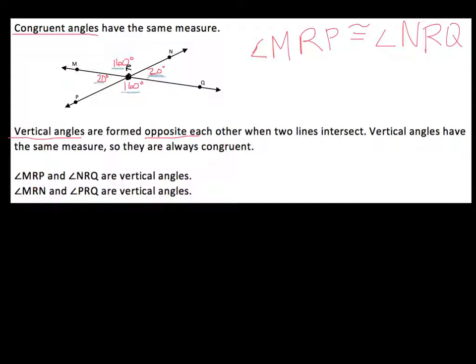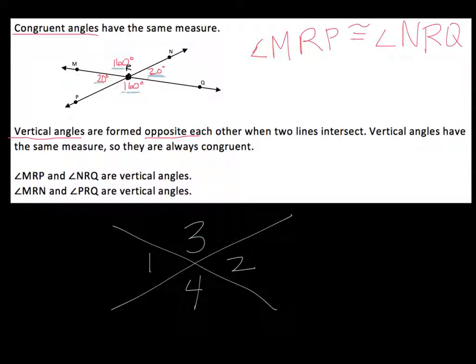We know if we have two lines that intersect, vertical angles 1 and 2 are going to be congruent. We would know that vertical angles 3 and 4 would also be congruent with each other. So 3 and 4 are congruent and 1 and 2 are congruent. So 4 and 2 are not congruent. 1 and 3 are not congruent.